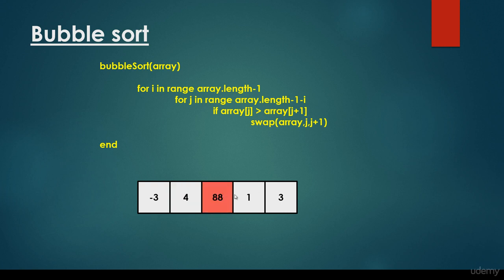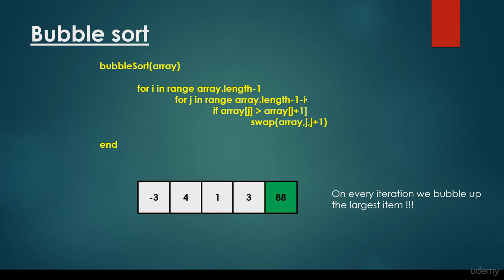Then what about 88 and 1? Of course, we have to make a swap operation and change their positions. What about the next one, 88 and 3? Of course, we have to swap them, and after the swap operation, we know for certain that this number is the greatest one in the whole array.